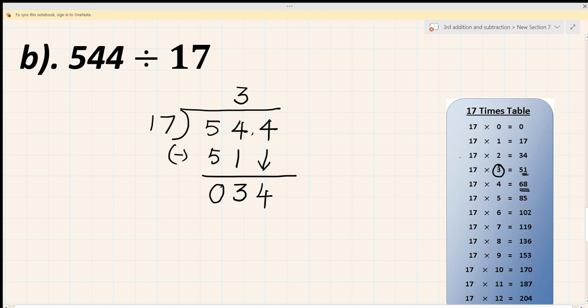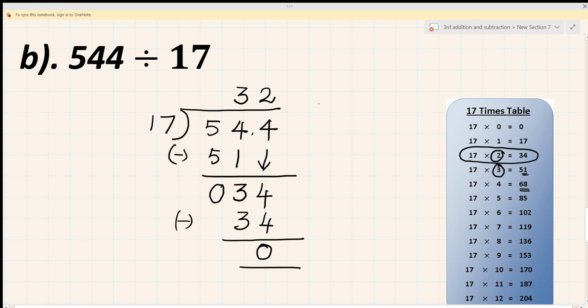We are getting the exact number the second time. So write 2 in the quotient, 34 below the number. Now subtract 34 minus 34. If you subtract the same numbers, you will get 0. So here 32 is the quotient and 0 is the remainder.